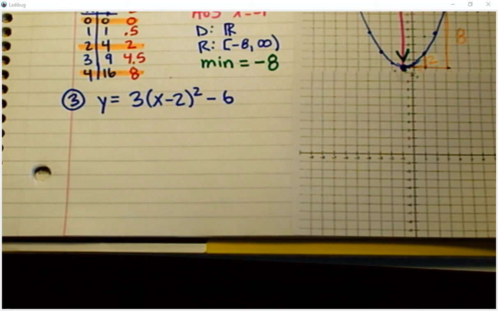Yes, that's it. Vertex and 4 other points. Okay, you are moving your graph, not a curve.